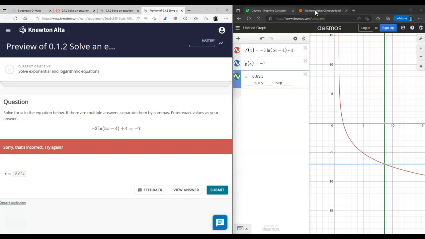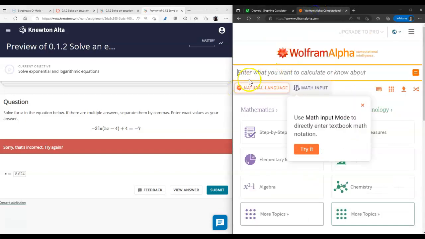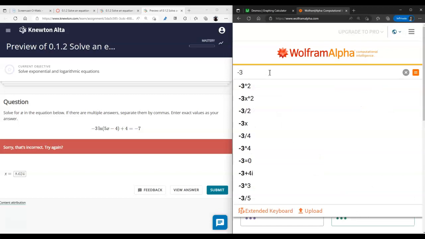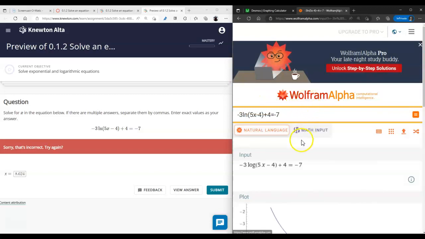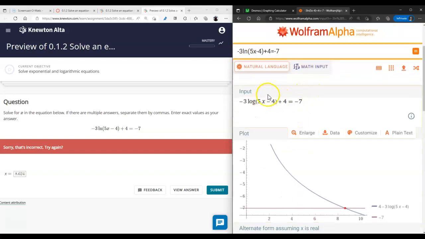So let's actually find that answer. We're going to type -3 ln(5x - 4) + 4 = -7. In Wolfram Alpha, you can just type this. It's just that easy. It understands it. Notice that in Wolfram Alpha, log is natural log.